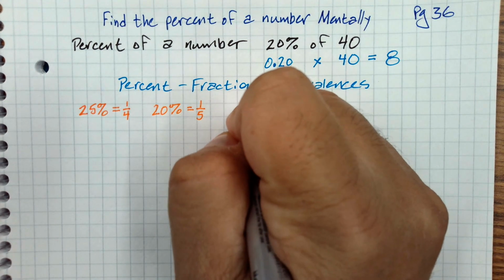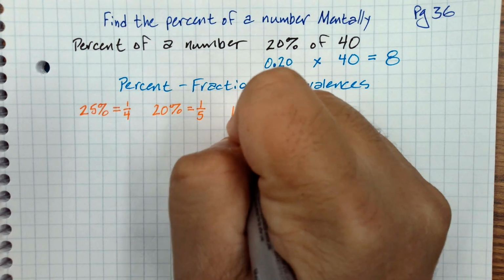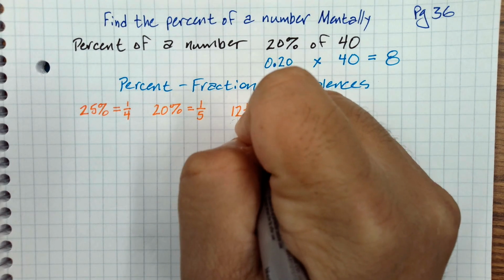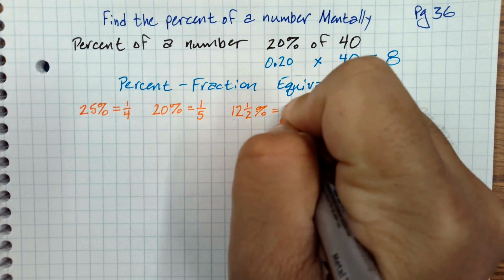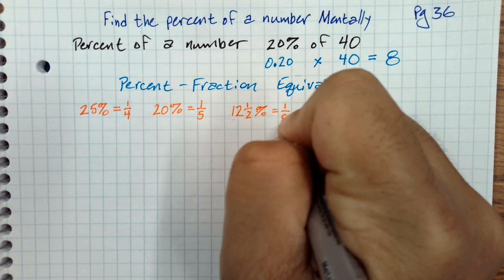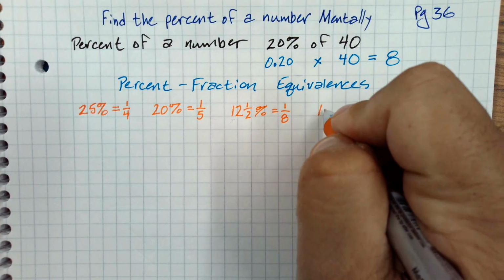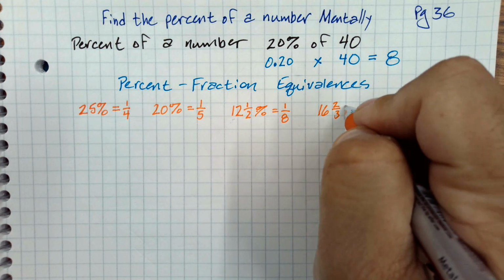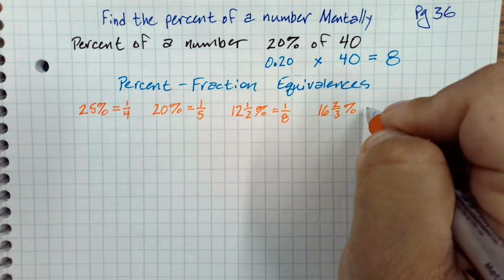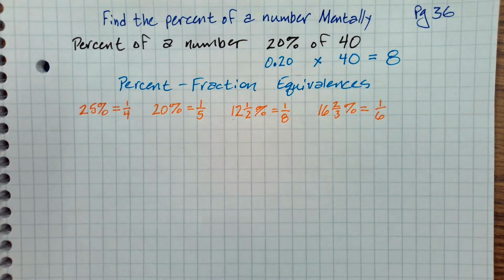Not that it comes up too much, but every so often, if you have 12.5%, that is 1/8. How about 16 2/3%? That's 1/6. Okay, those aren't used as much.